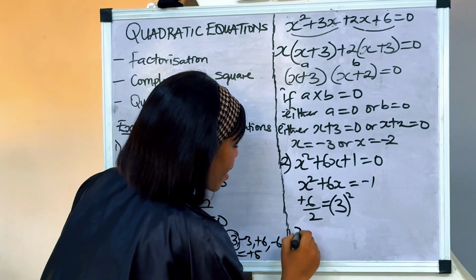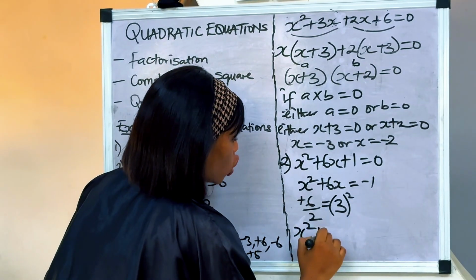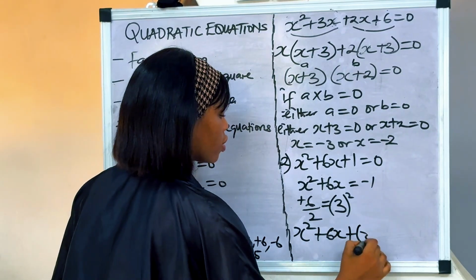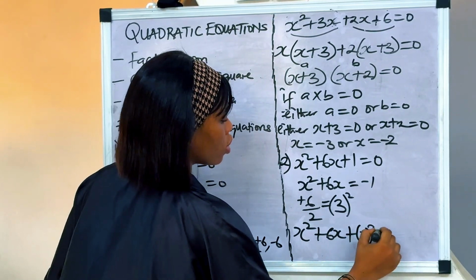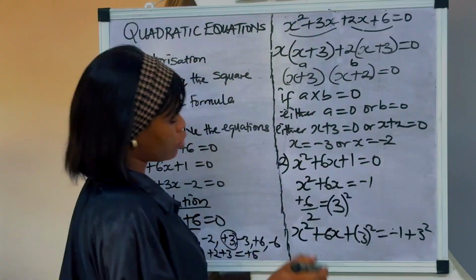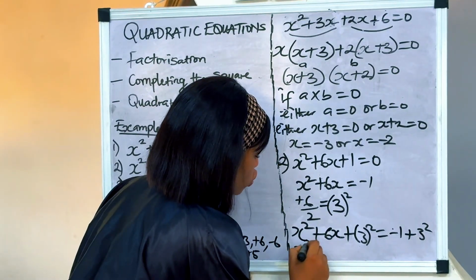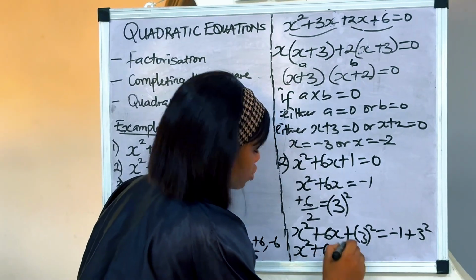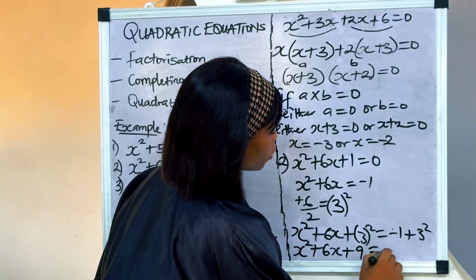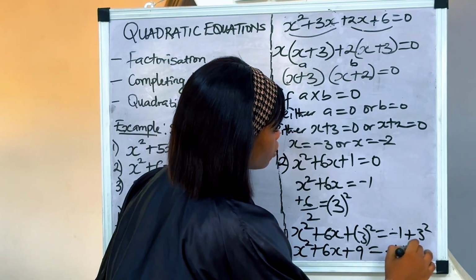So we have x squared plus 6x plus 3 squared equals minus 1 plus 3 squared. So we have x squared plus 6x plus, this gives us 9, equals minus 1 plus 9.